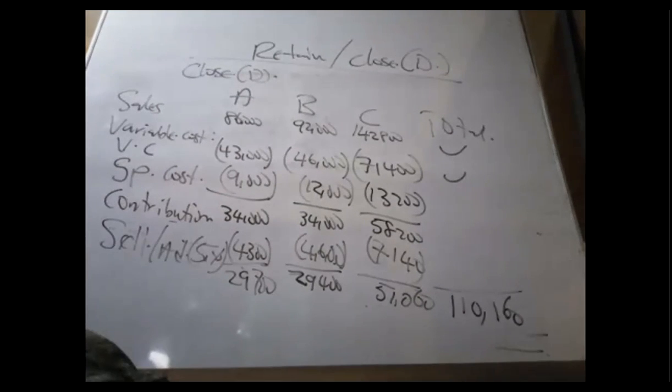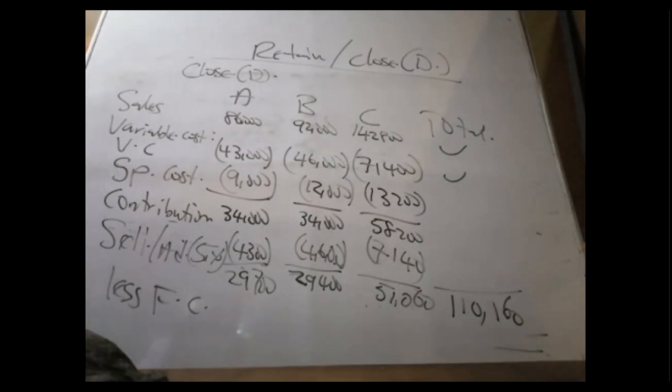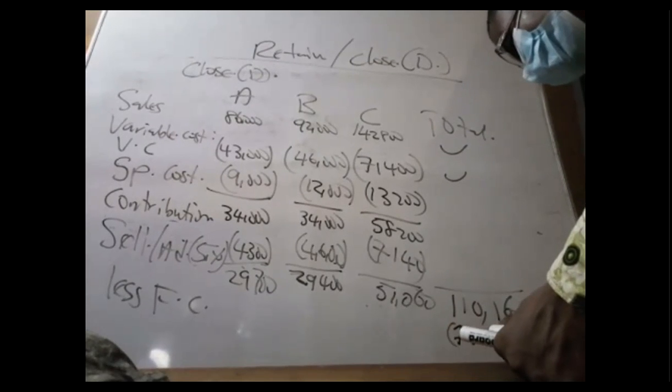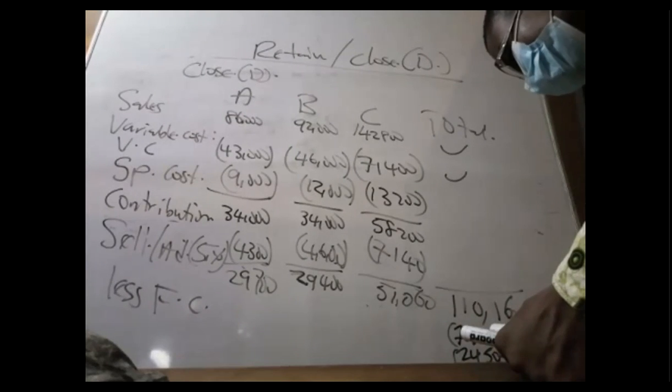So kindly take the fixed costs from it. There are two fixed costs. One was 70,000 and one was what? 24,500.